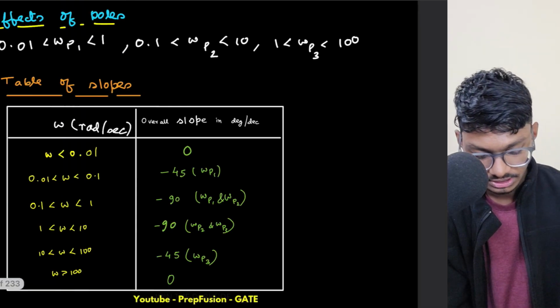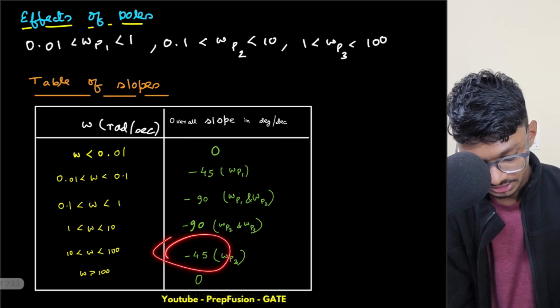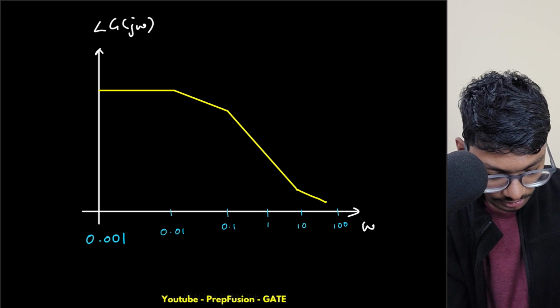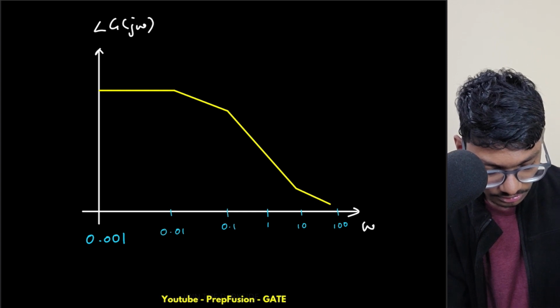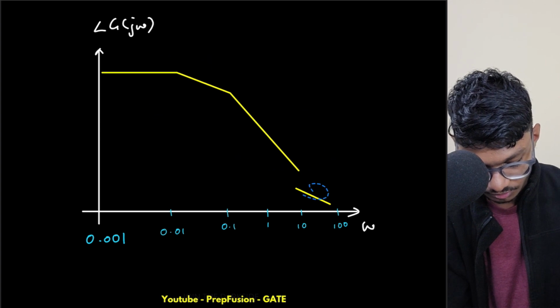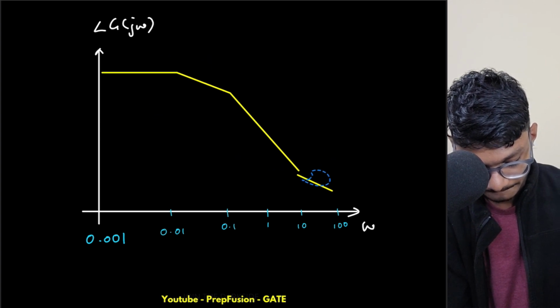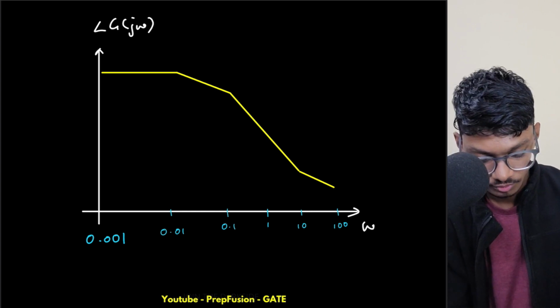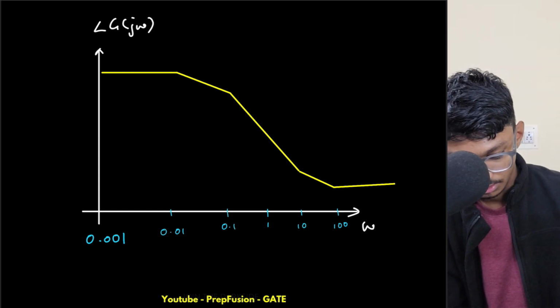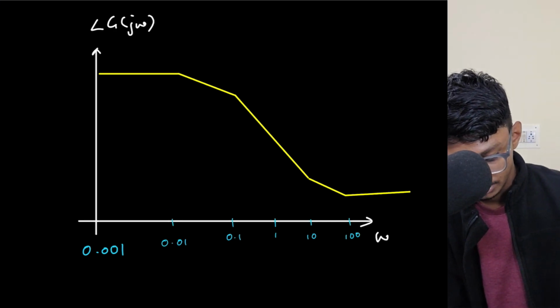And after 10, what is happening? The slope is again going to minus 45 degree per decade. So we can do it like this. Now after 100, obviously the slope becomes 0. Let me write the slope at each point.